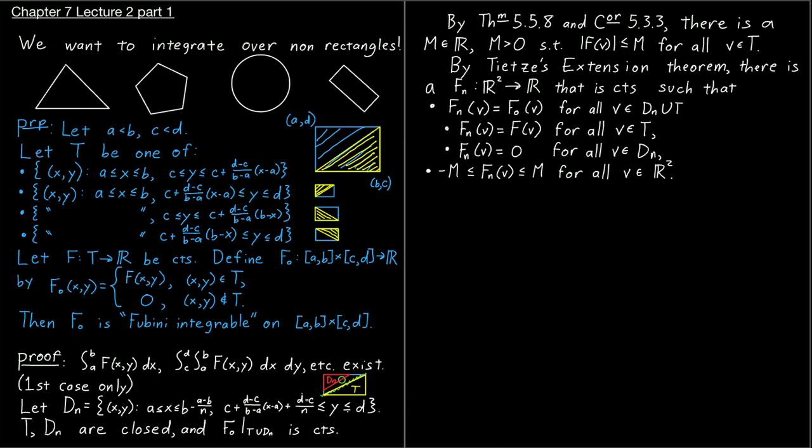That is the constant that Tietze's extension theorem gives you. Tietze's extension theorem promises you a bounded continuous function, and you can check that the bound is the same bound as the function you started with. But if you're not quite sure that you got the constants exactly right, you can let h be the bounded continuous function promised by Tietze's extension theorem.